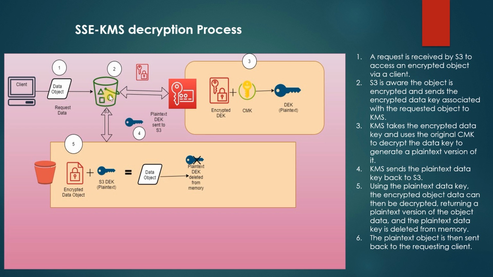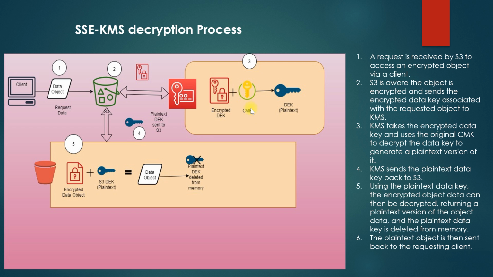So S3 initiates a request to KMS, and within its request it also sends the ciphertext version of the data encryption key. So the data encryption key along with your CMK, which could be your AWS managed key or your customer managed key, will give you the plain text version of the data encryption key.